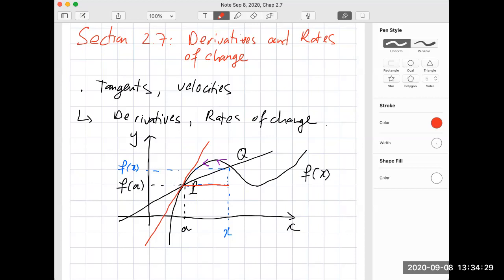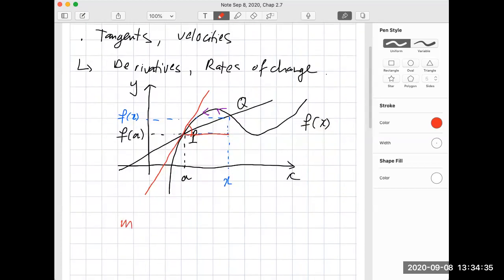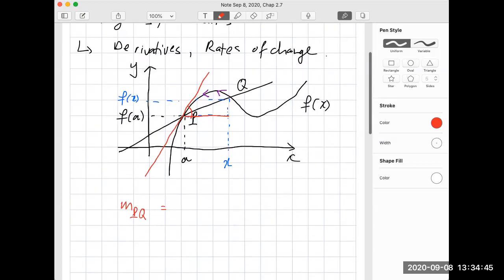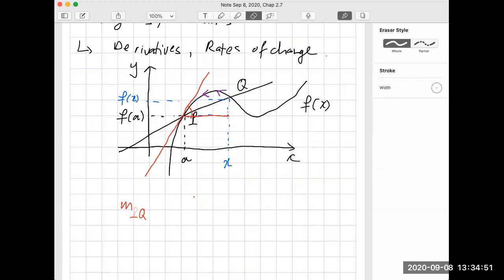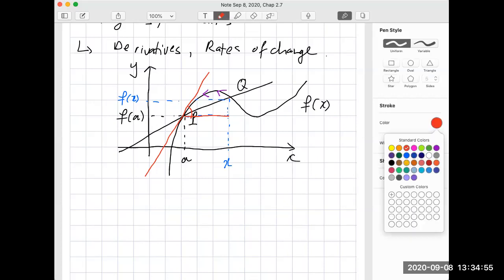The slope of the line PQ is the limit. Okay, let me write it in detail.